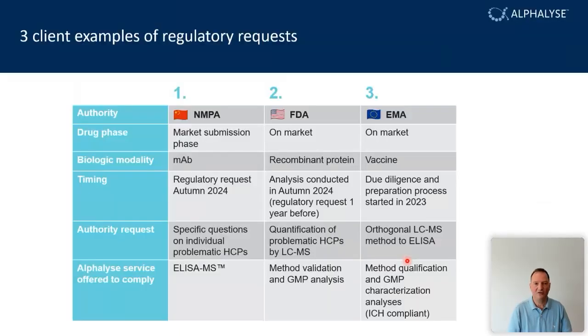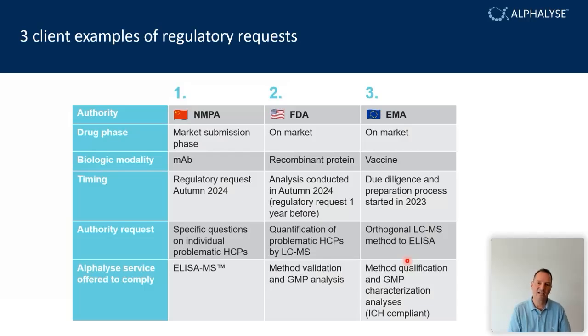So although it's not a formal requirement yet in the guidelines to use mass spectrometry, we see the effect already on several client projects when they come to us. And here I've just given a few examples. One of them is from China on a market submission on a monoclonal antibody.